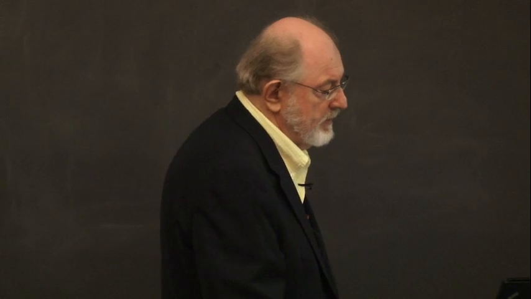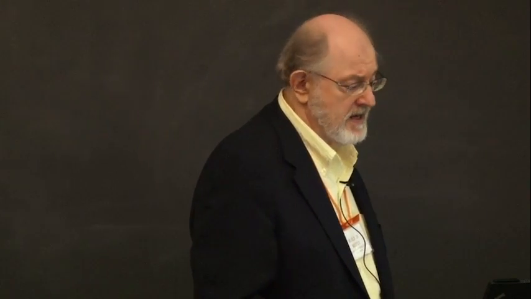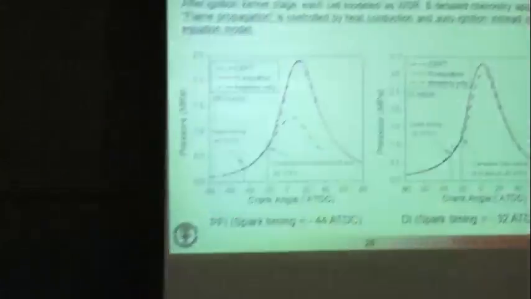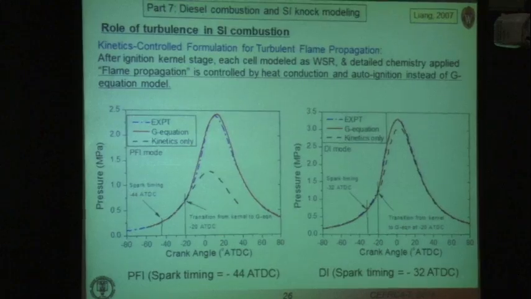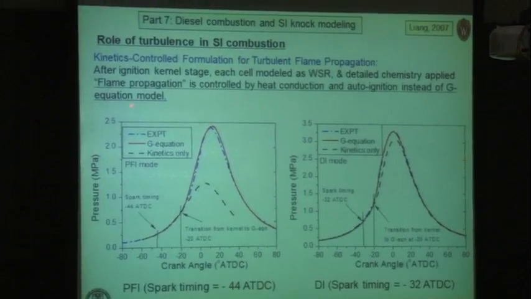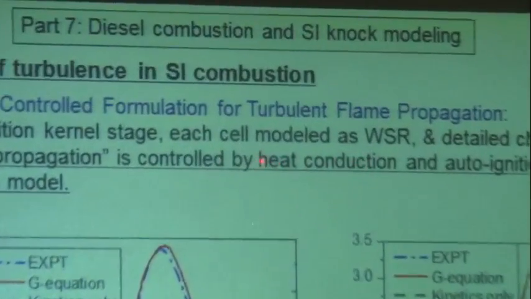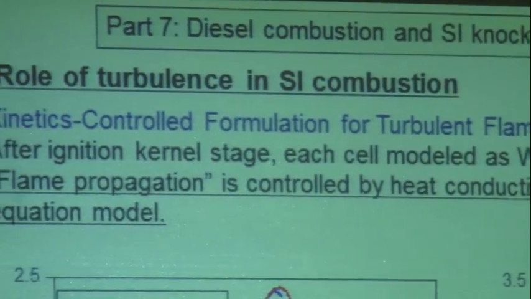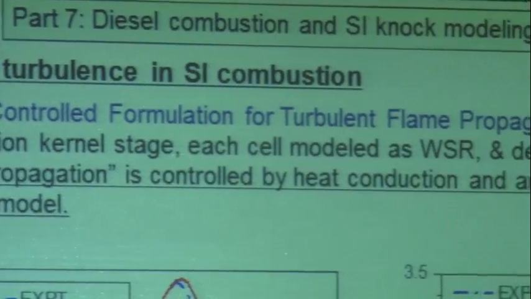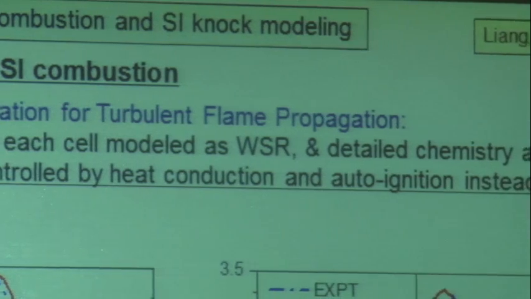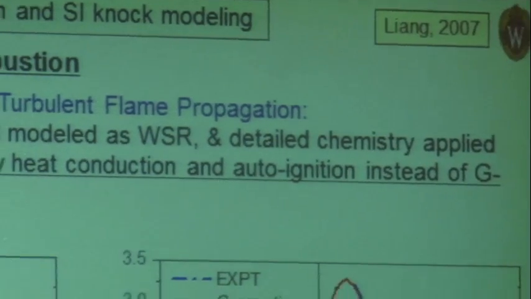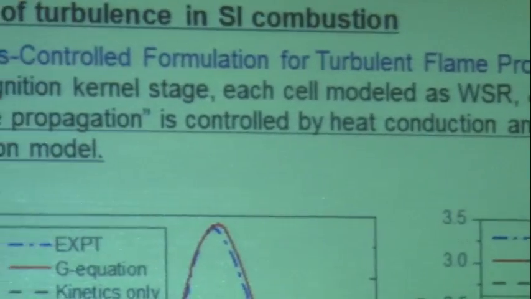Okay, so remember we discussed last time the role of turbulence in spark ignition engine combustion. And I'm just going to repeat what I showed you last time when we were talking about premixed charge. That basically the flame propagation process is controlled by the G equation model, which basically specifies the turbulent flame velocity.